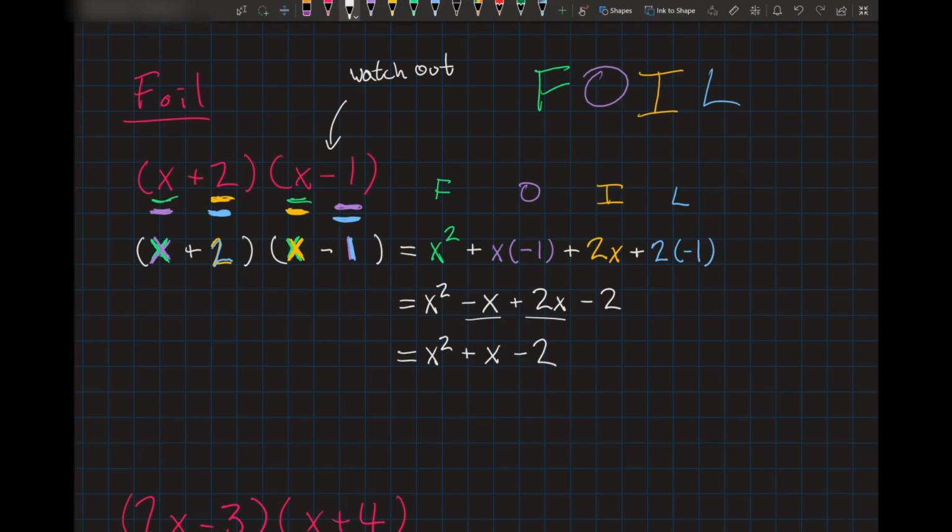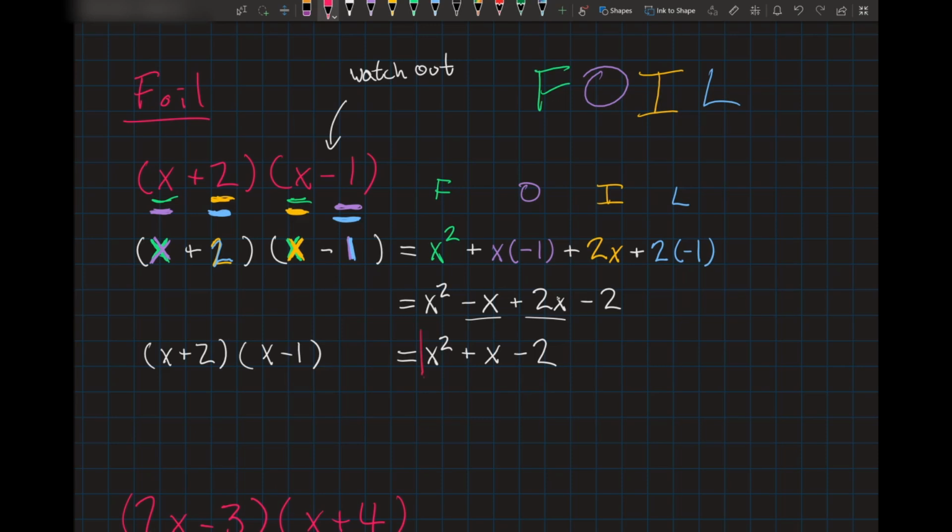And we're done. So on an exam, probably what you would do is you would not write out this, it's too much, but you would probably write down this part here and say it's equal to this, and then finally that it's equal to this. So just to be super clear, I'm going to write this out as x plus 2 times x minus 1 is equal to x squared plus x minus 2.